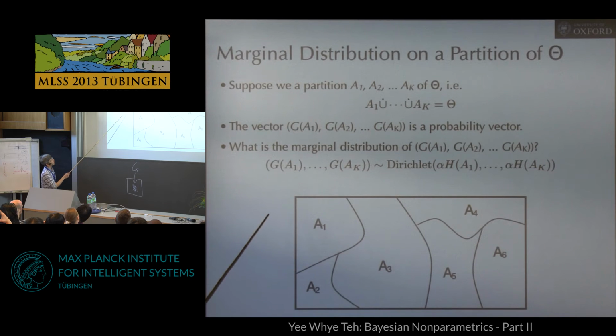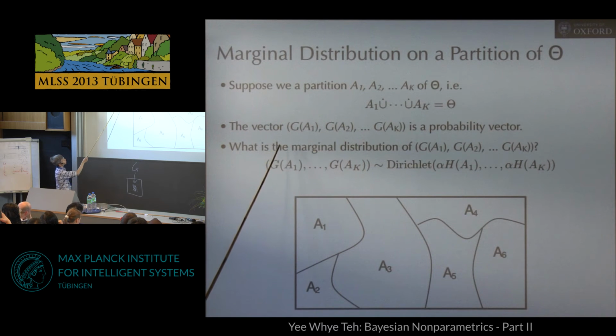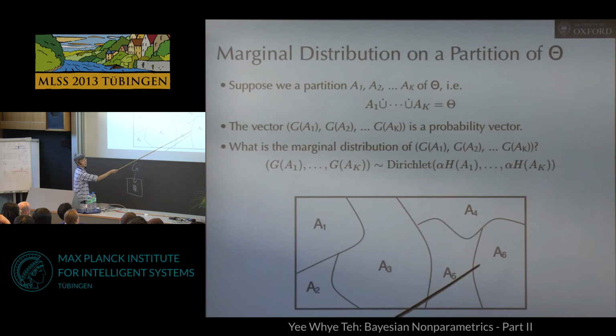Suppose that we take our probability space, big theta, and partition it into a finite collection of subsets, say A1 to AK. Then we can look at the marginal distribution of this vector: G of A1 is the mass that our probability measure G assigns to this subset, G of A2 is the mass it assigns to this subset, and so forth.